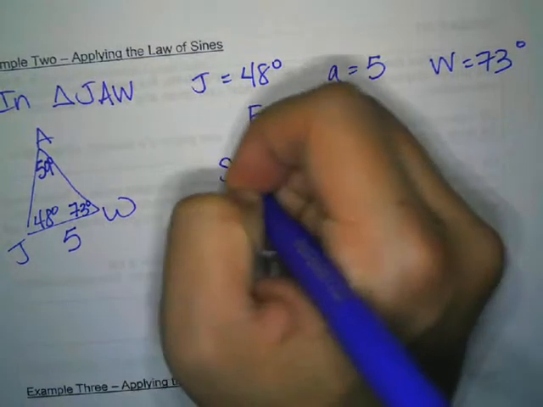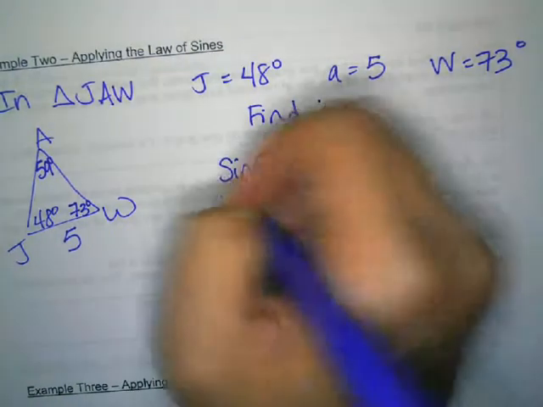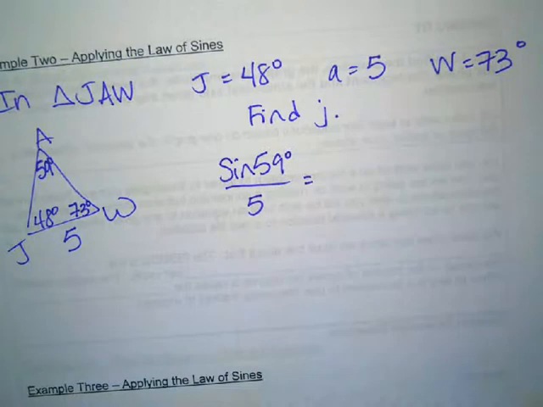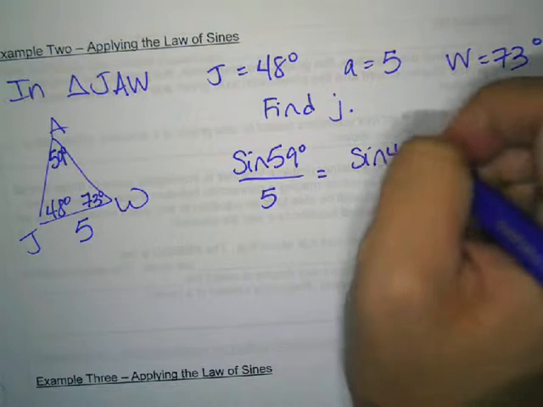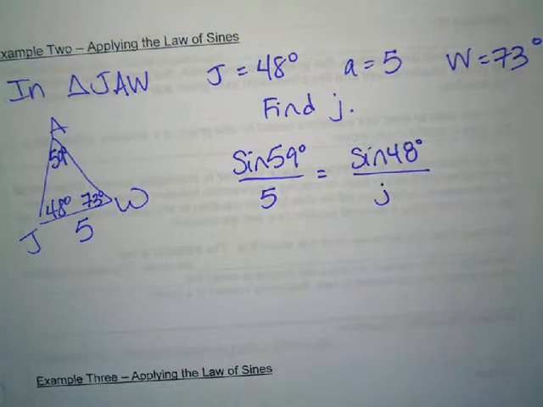So sine of 59 is going to go over side 5. And then we want to find J. Sine of 48 over J. Good, so we should have the sine of 48, because that's what angle J is, over J. That's what we're looking for. Then you cross multiply.